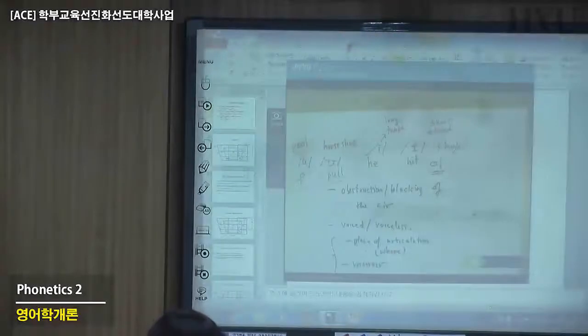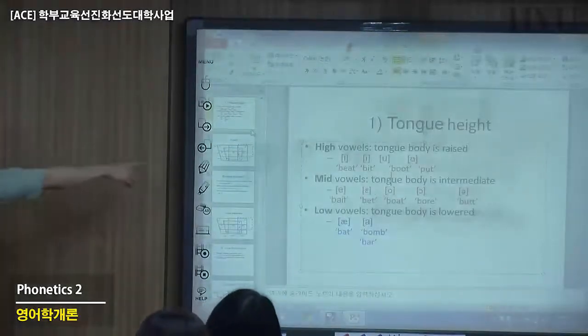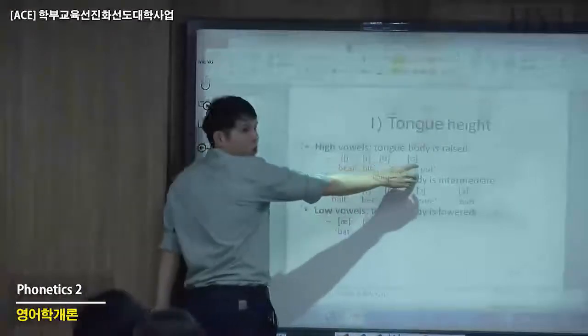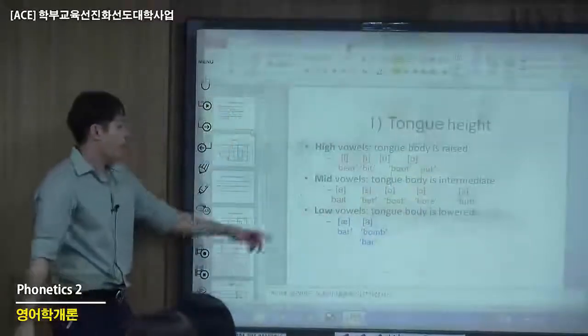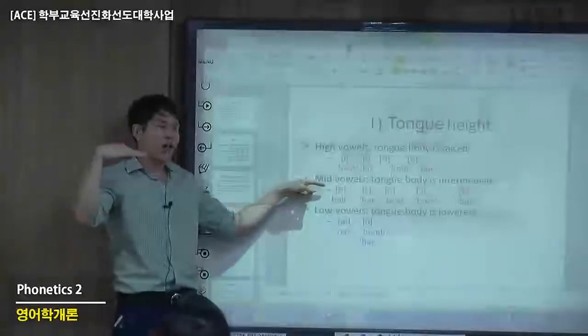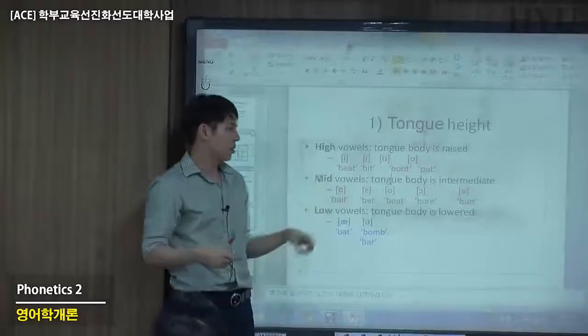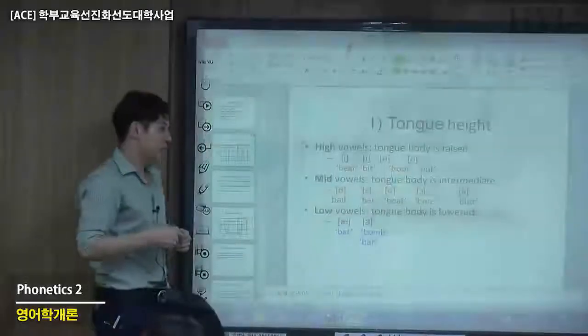Okay, going back to the slide. So, E, I, U, right? Boot, put, like that. And then the middle height, we call it mid vowels. We have the tongue body being in the intermediate position.